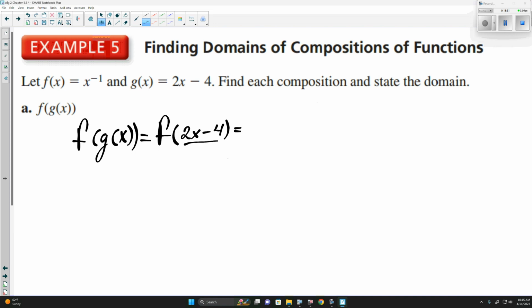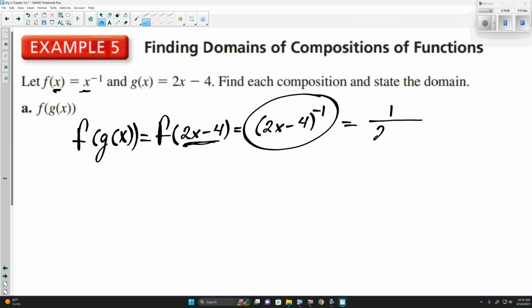And now we have f of 2x minus 4, so in every place where x appears in f of x, we're going to replace it with 2x minus 4. Which gives us 2x minus 4 to the negative 1. And this is as far as we're going to take this. I will take this as your final answer, because realistically, we can't leave an exponent negative.